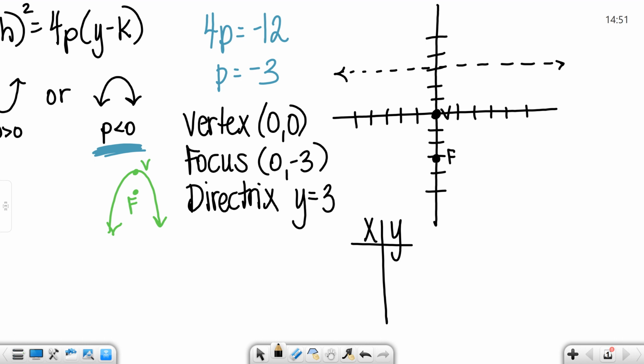Because here's why. I know my curve looks something like this, and so there's a point here and a point here in line with that focus, which means my y value is -3 on both of those. If I knew what these points were, I could have a really good graph. Well, I don't know if it's that skinny, so I need to erase it.